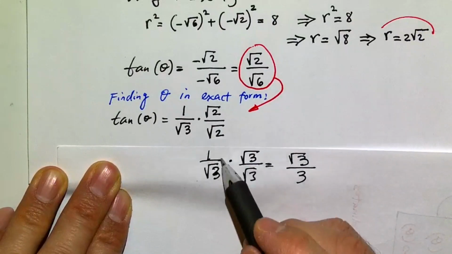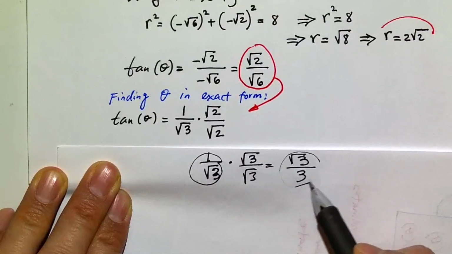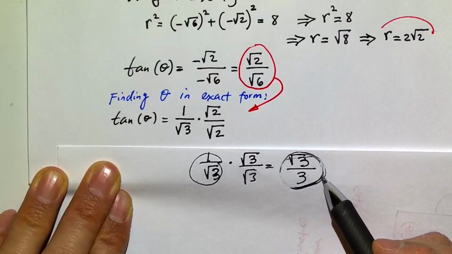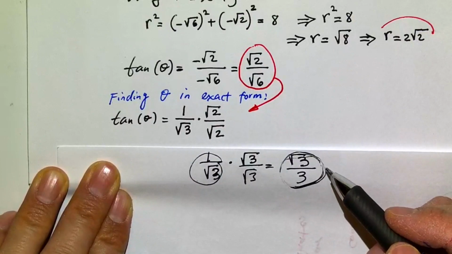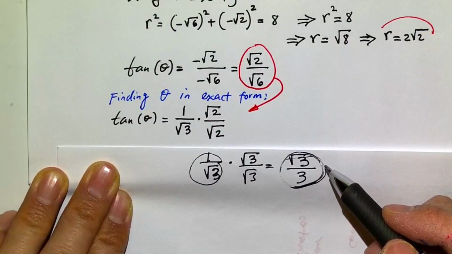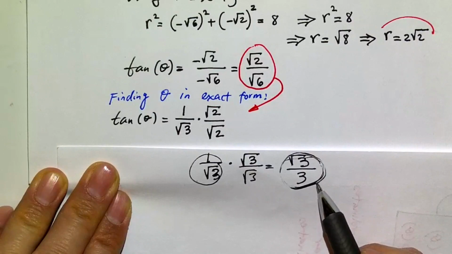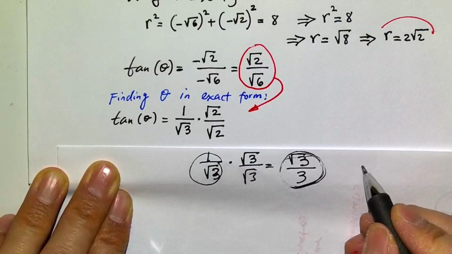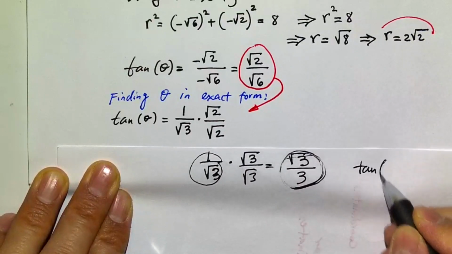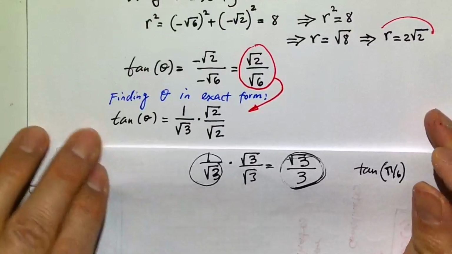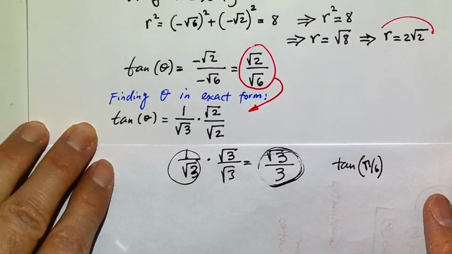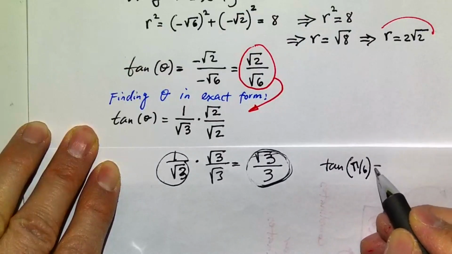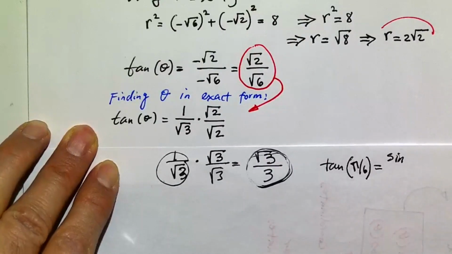Now, if that wasn't familiar to you, that for sure is, because we've been dealing with the tangent of an angle that is equal to square root of 3 over 3 on many occasions, right? So that angle is pi over 6.